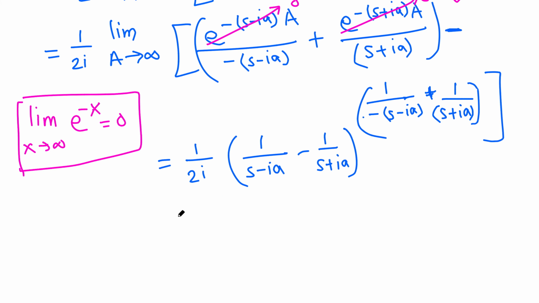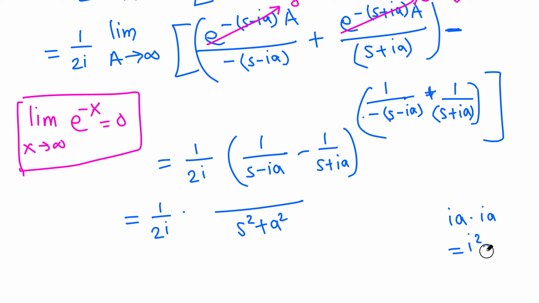We need to combine these two fractions, 1 over 2i. For the common denominator, you multiply these two, s squared plus a squared, because ia times ia is i squared a squared, and i squared is minus 1. In the numerator, s plus ia minus (s minus ia), but there is a negative sign, so we need to distribute, so that is plus, and the s cancels.